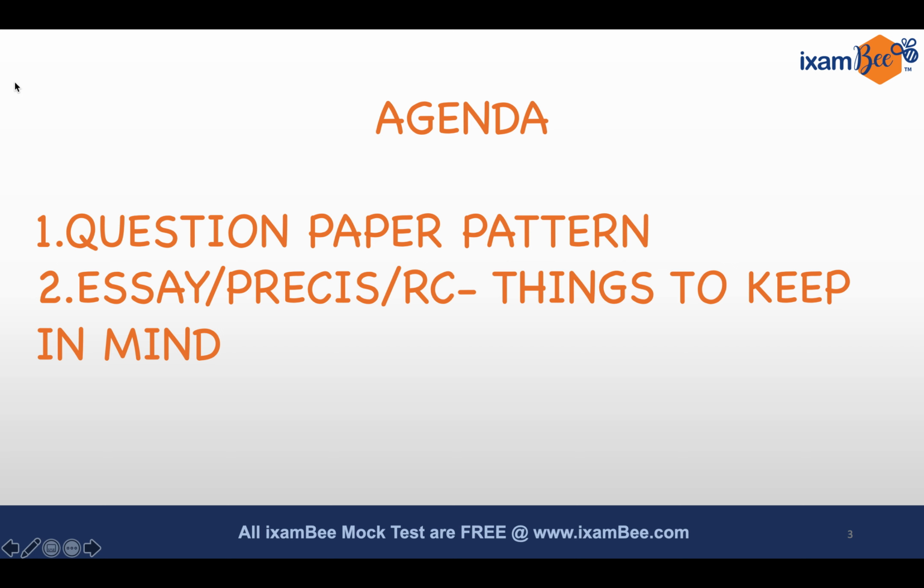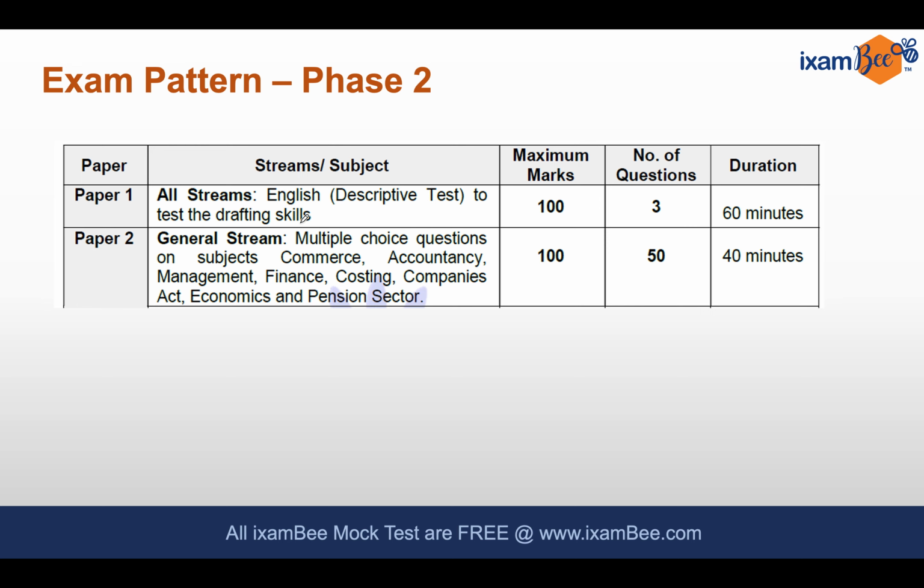Okay. Let's quickly take a look at the paper pattern. So, as this shows, paper 1, which has the English descriptive part, will carry 100 marks and we're going to have 3 questions. And you need to finish in an hour, right? So, you cannot devote more than 20 minutes to each section.